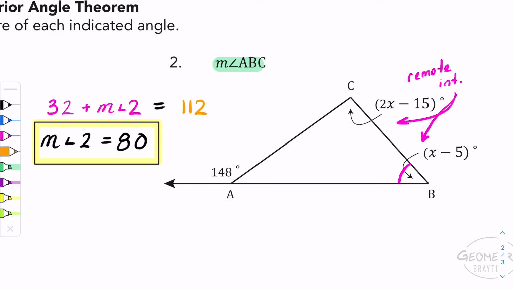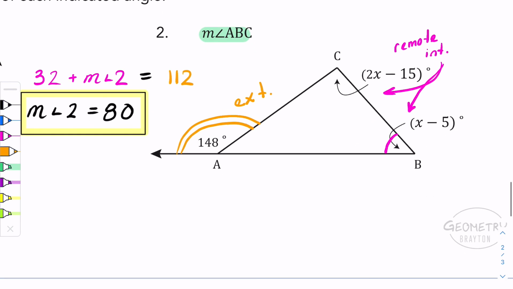Our exterior angle is located right here. So I'm going to go about solving this the same way as what I have been doing. I'm just going to have to find our value of x first, and then I can substitute that back in to find the angle measure of ABC.